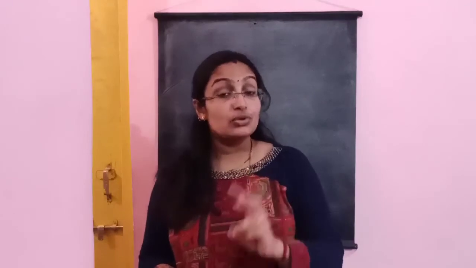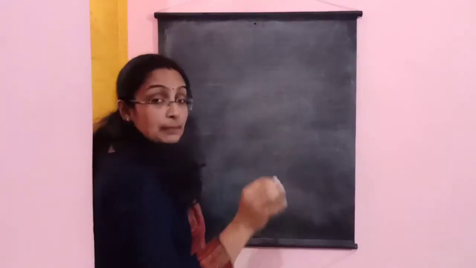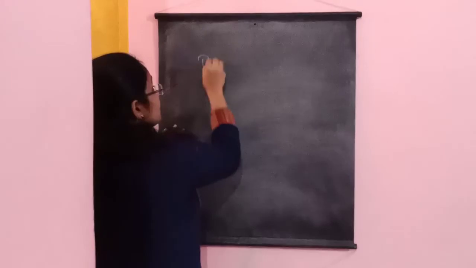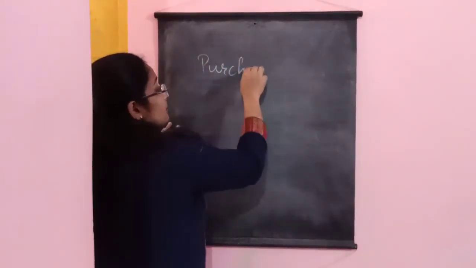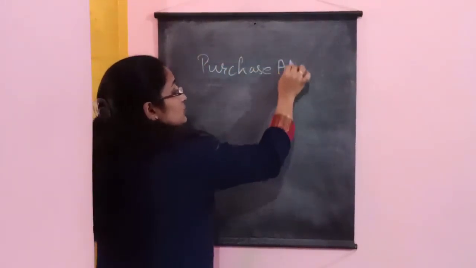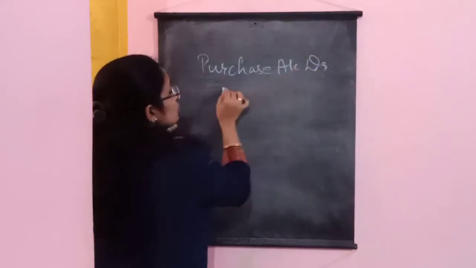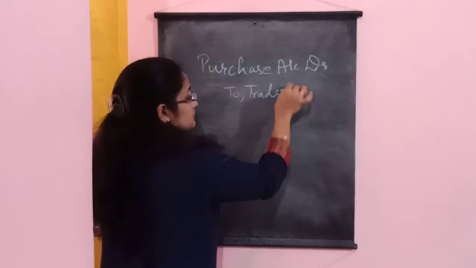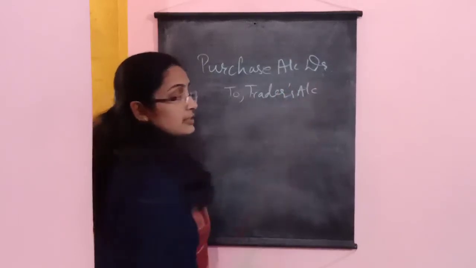But on the purchase return of credit goods, credit purchases, the trader's account is debited. Let's see, on the purchase, the journal entry goes as purchase account debit to the trader's account.